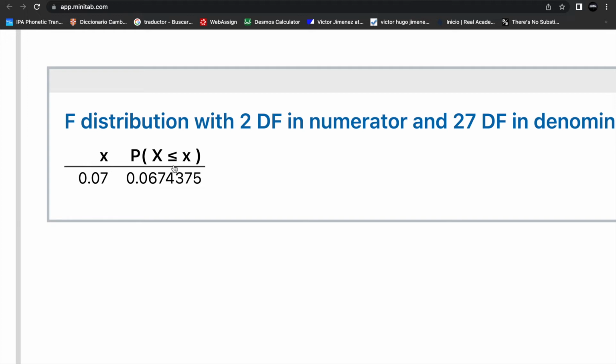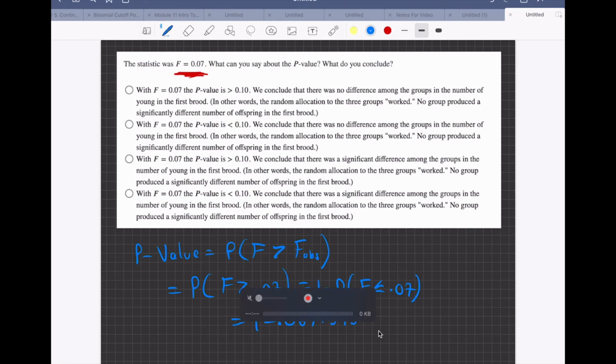Notice, Minitab gave me the probability that F is less than or equal to 0.07, but I'm looking for the probability that F is greater than 0.07.